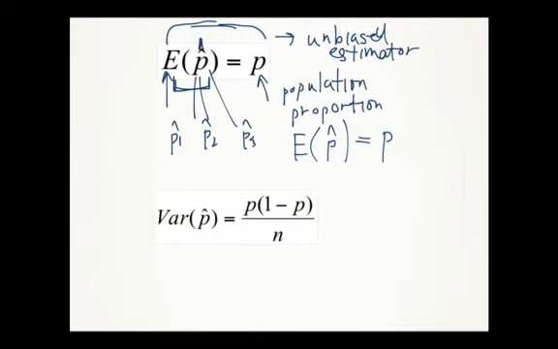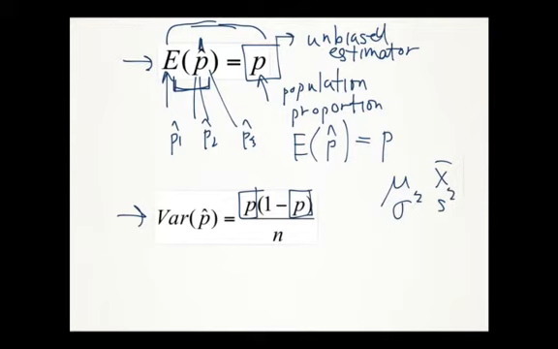What does that mean? So here's the mean. It's a function of the proportion, right? Here's the variance, and it's a function of the proportion because p is in this formula. So that's different from the continuous case, right? Because in the continuous case, we had mu and sigma squared, and we had x bar and s squared, and these things were not related to each other.